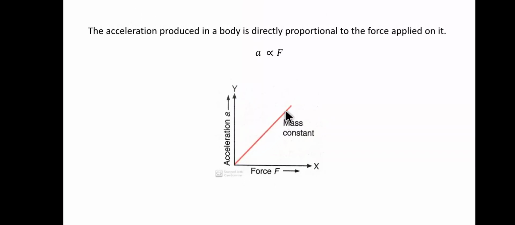It shows that as the force increases, the acceleration also increases. That means the more force you apply on a body, the more acceleration is observed. So force and acceleration are directly proportional. This is the graph showing acceleration versus force.